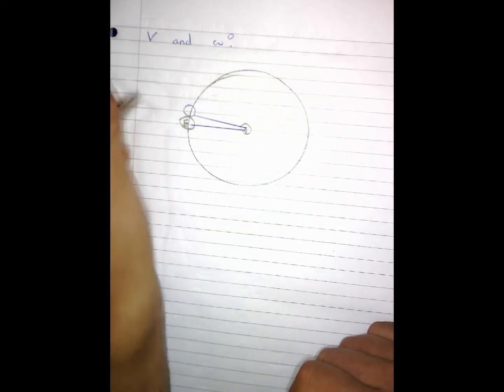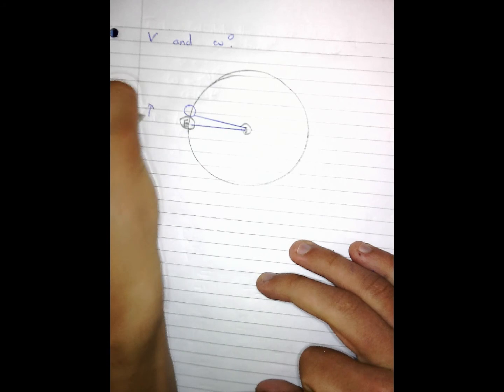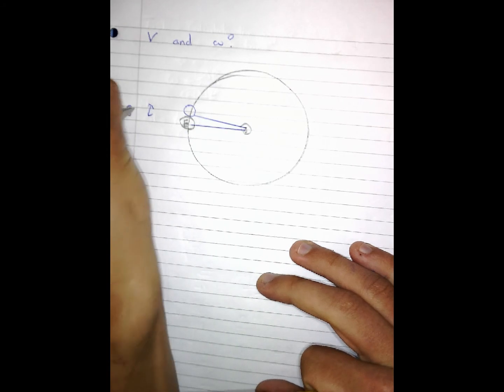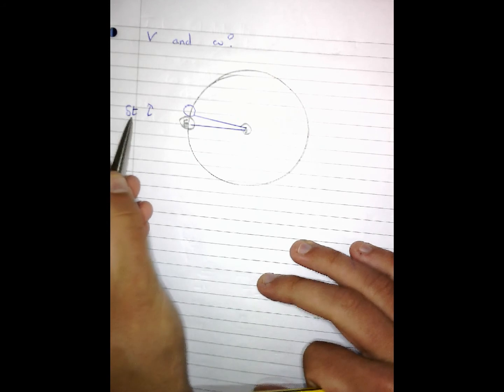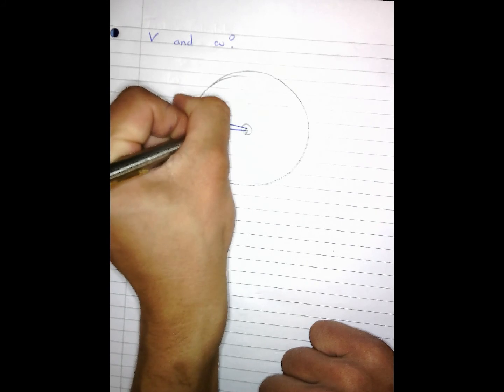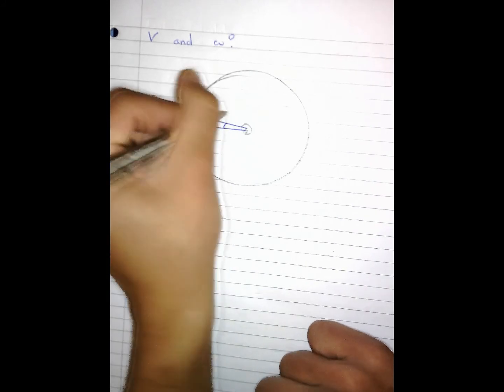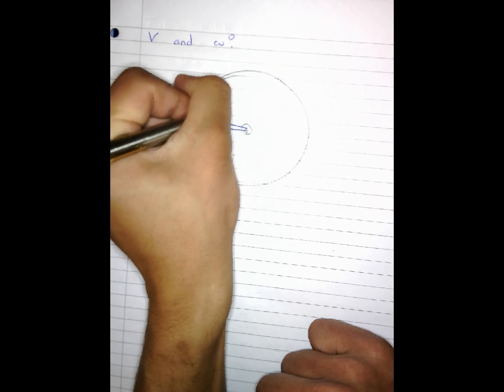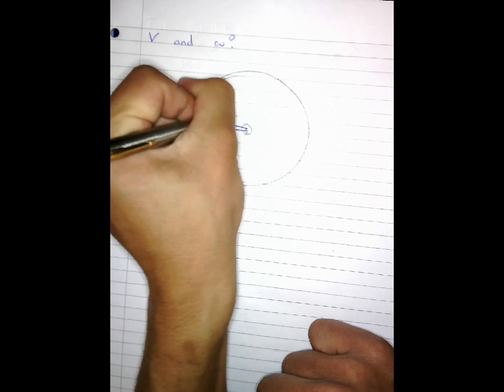Now, I'm going to say the difference in time between those two positions is delta t. I'm calling it delta t with the lowercase delta just to represent the fact that it's a very small difference in time between these two points. And in that time, the Earth has moved through an angle of delta theta.